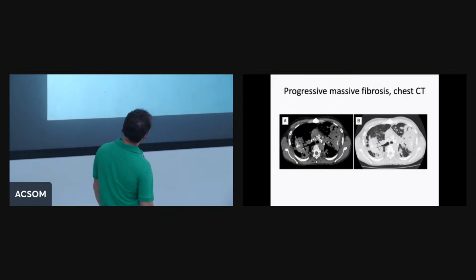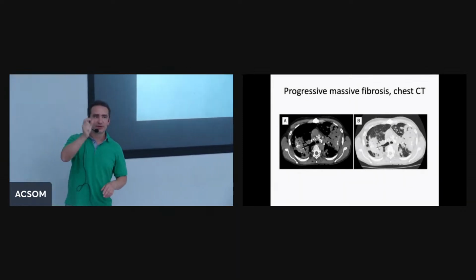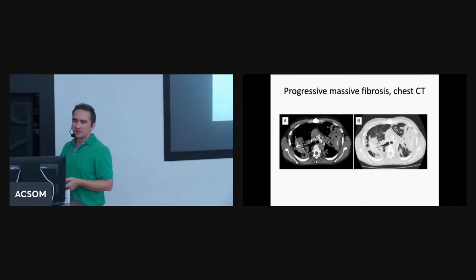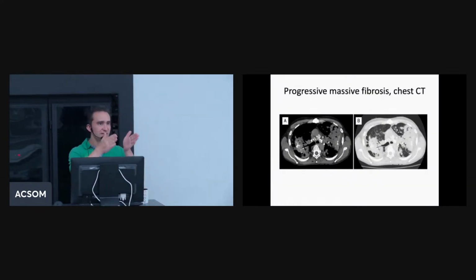And then on the right, you see consolidation with a few air bronchograms, when there are small airways and the consolidation around. It's not specific for silicosis. Usually you see it with pneumonia because airways stay open around the dense lung tissue.